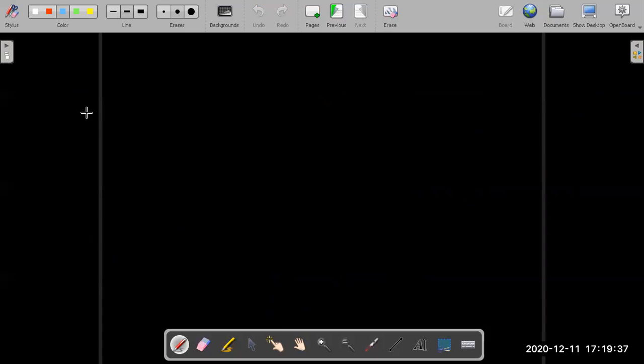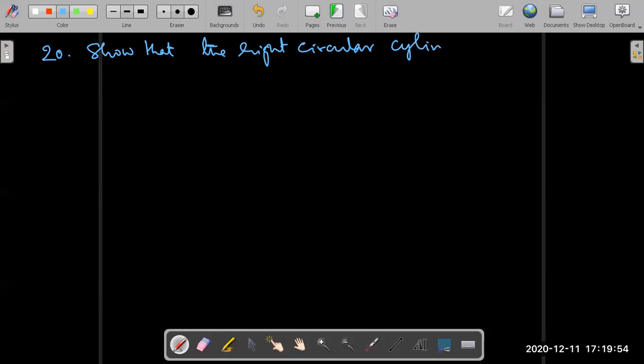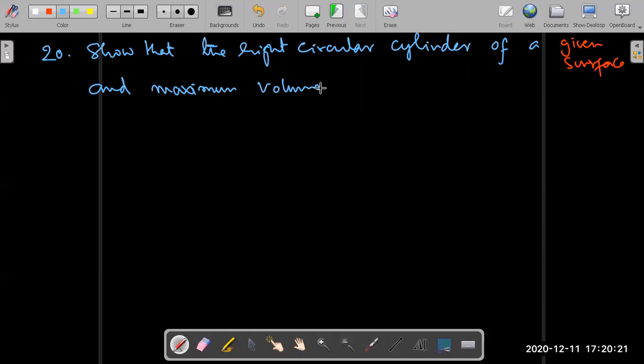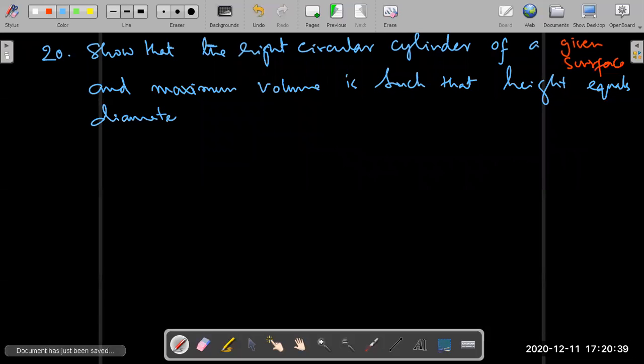Question number 20. Show that the right circular cylinder of a given surface and maximum volume is such that height is equal to the diameter of the base. Right circular means it's a vertical cylinder. I am putting that in red. Of a given surface means the surface area is given.